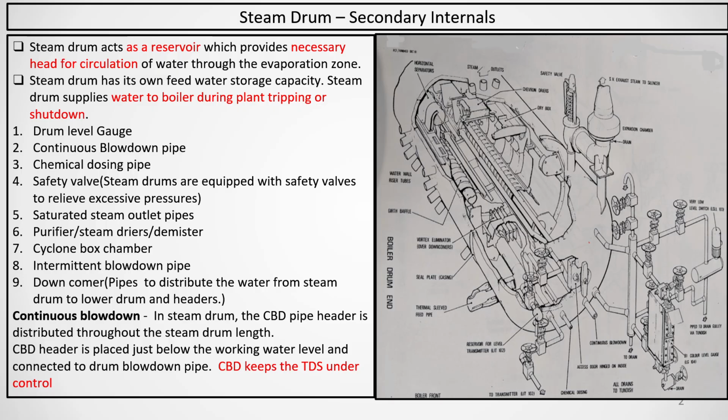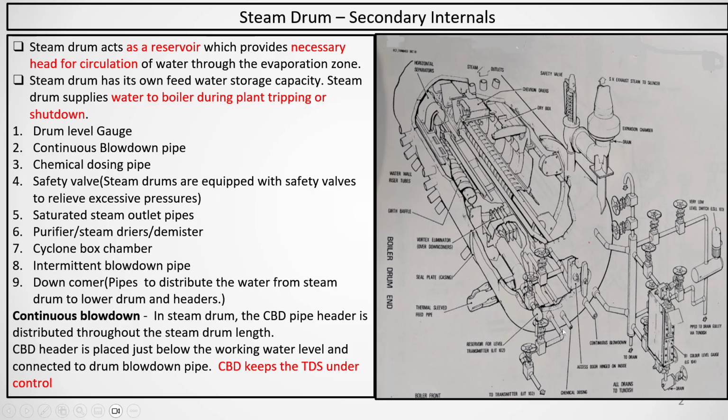When trisodium phosphate reacts with these calcium and magnesium salts, it becomes loose sludge type of phosphate, calcium magnesium phosphate, and that can be easily taken out by the continuous blowdown pipeline.